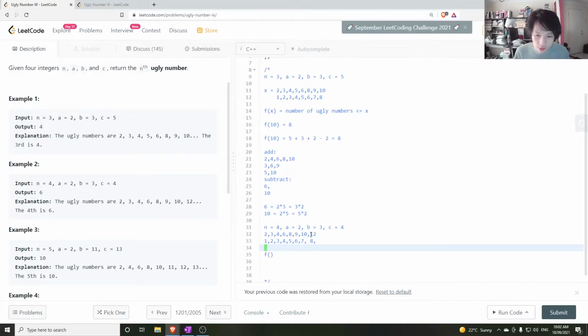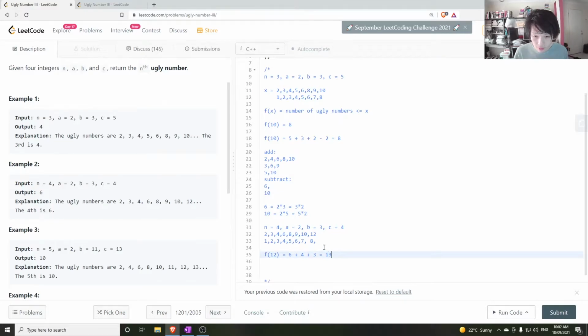Let's try to find what the answer for 12 is. So f of 12 will be equal to 12 divided by 2, which is 6, plus 12 divided by 3, which is 4, plus 12 divided by 4, which is 3, which is equal to 7 plus 6, 13.